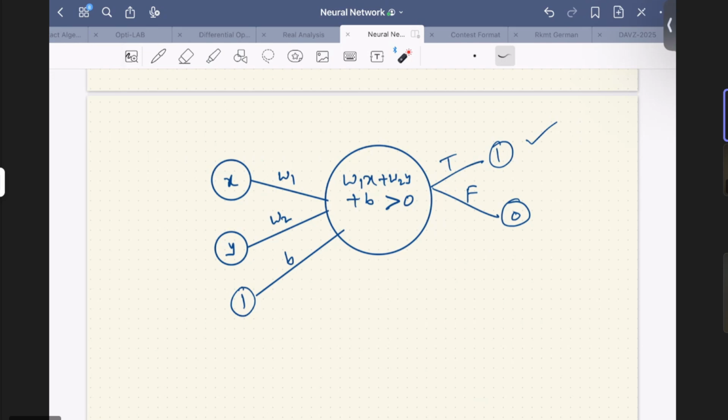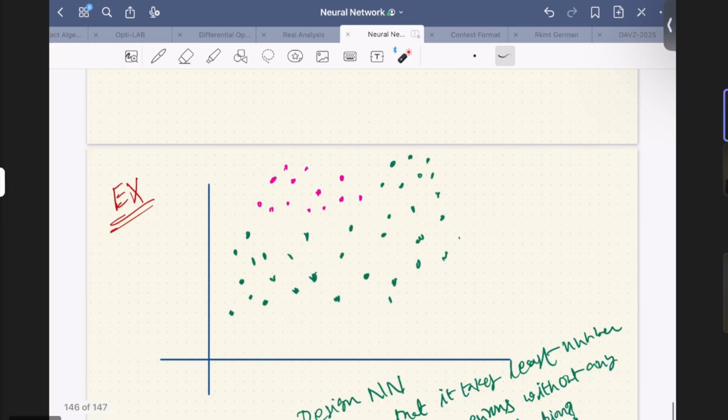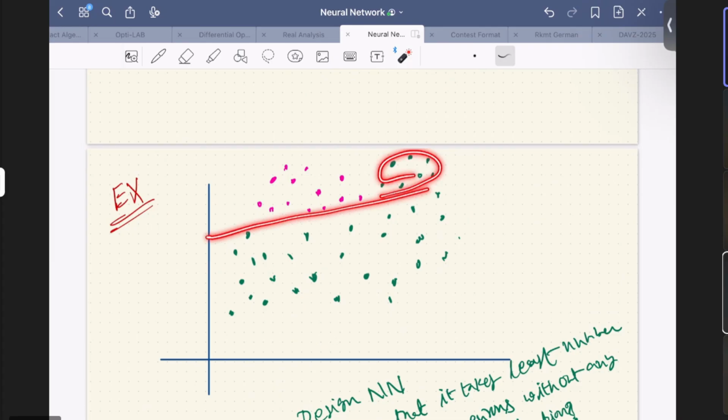That is my question. Think of it in the perspective of this one: if these points were not there, you could write a line equation like this, with a positive side and a negative side. But there is something which you cannot do that with.